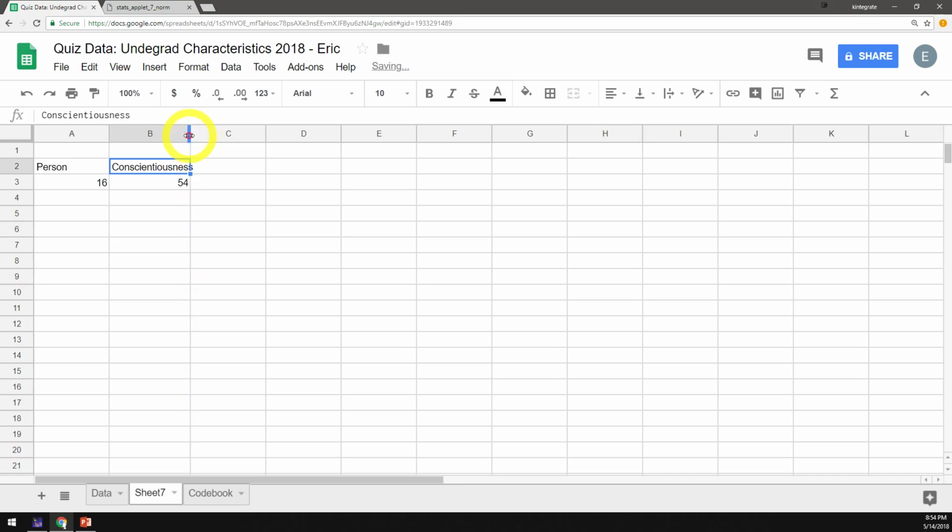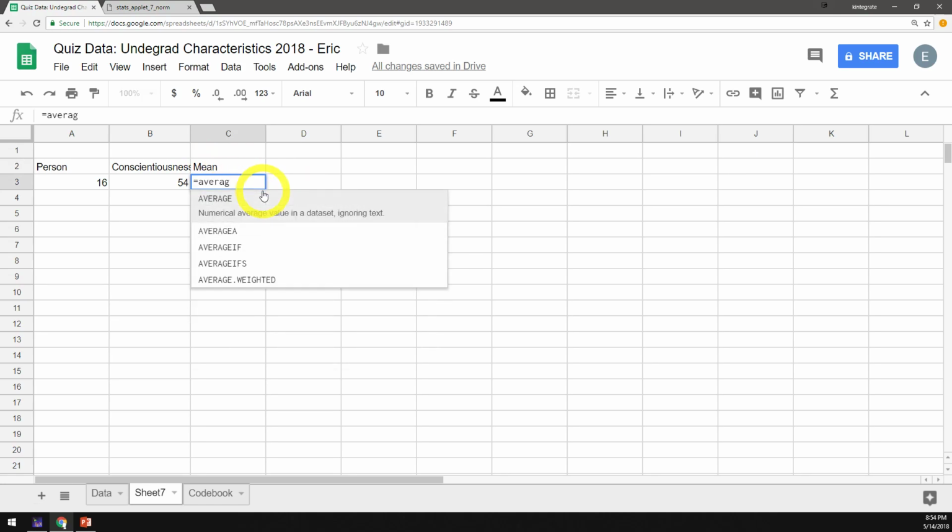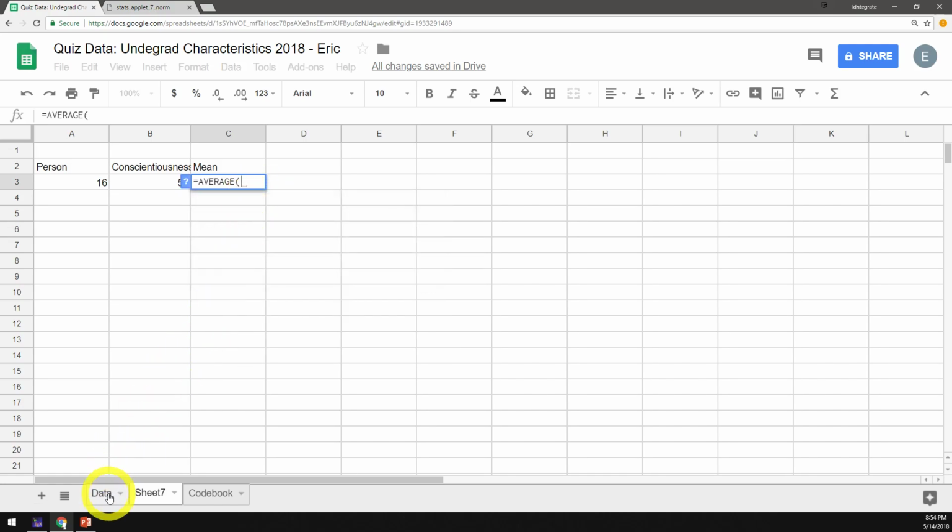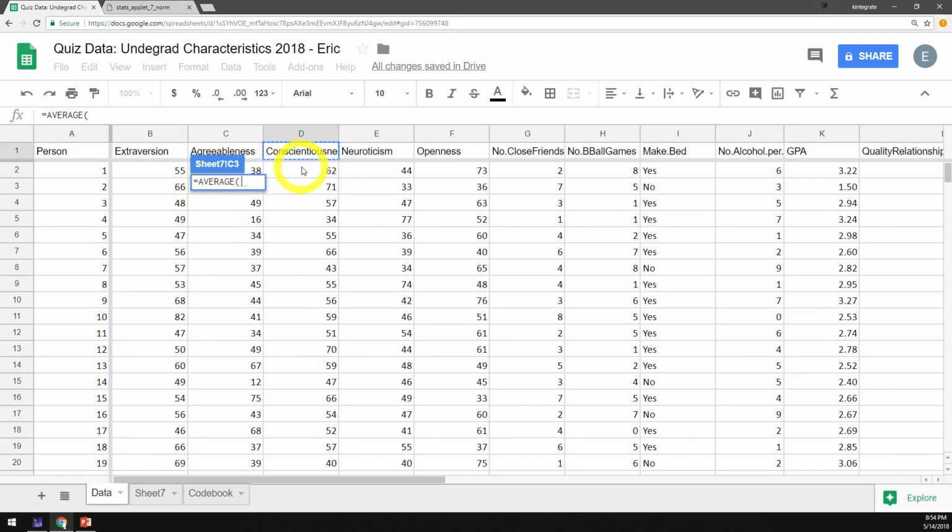All right, so what we want to do first is calculate the mean for conscientiousness. We'll go equals, type average, click data, and select this entire column.